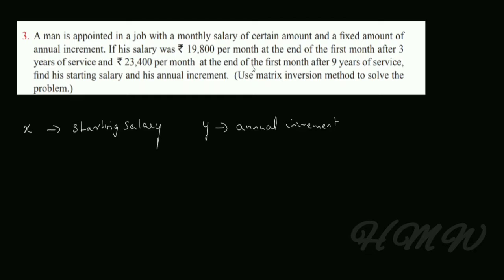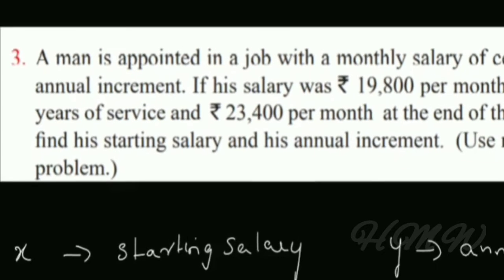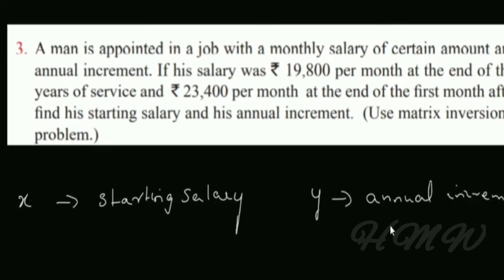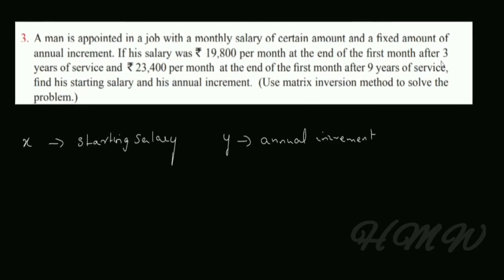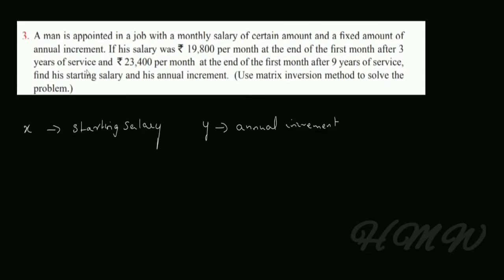So first equation: his salary was 19,800, that is at the end of the first month after 3 years of service. For 1 year the increment is y. The annual increment means for 1 year it is y. So after 3 years the increment will be 3y.